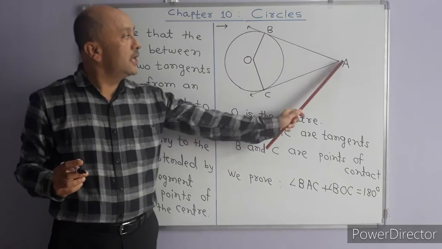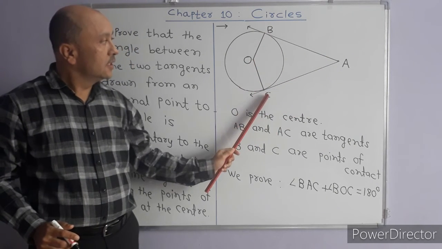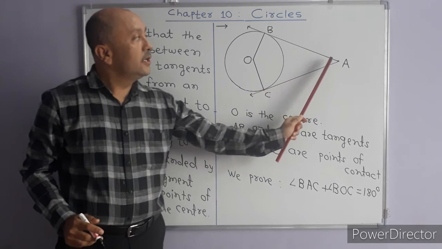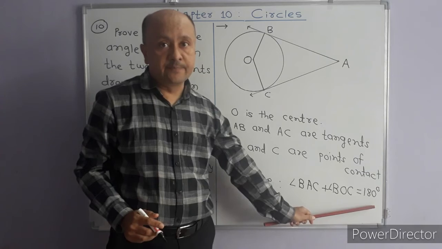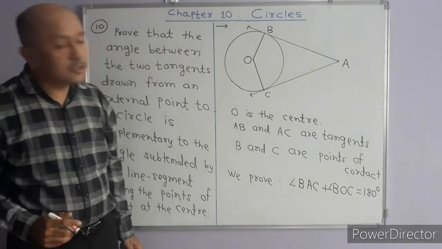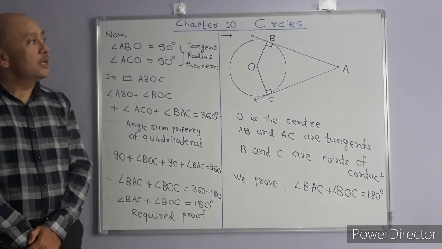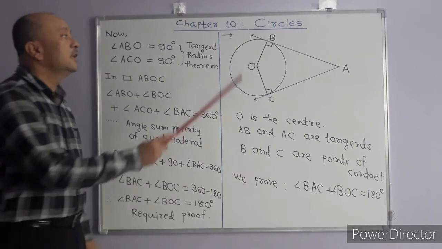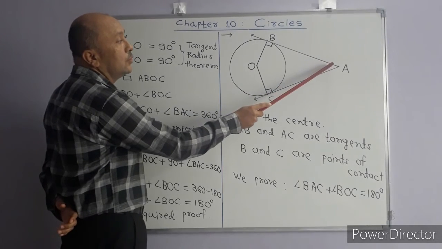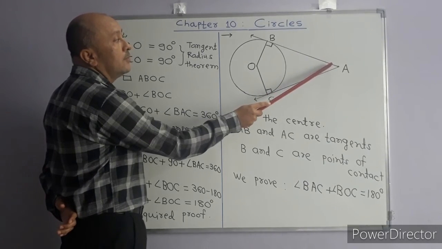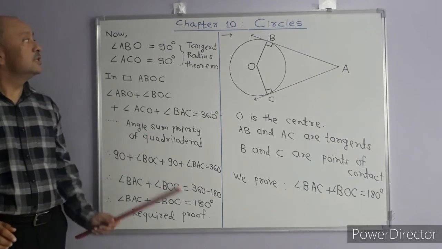So angle BAC plus angle BOC, they are supplementary to each other, so their addition is 180 degrees. We are going to prove this, students. We are going to see that the angle at the center and the angle formed by the two tangents are supplementary to each other. So let us prove this.